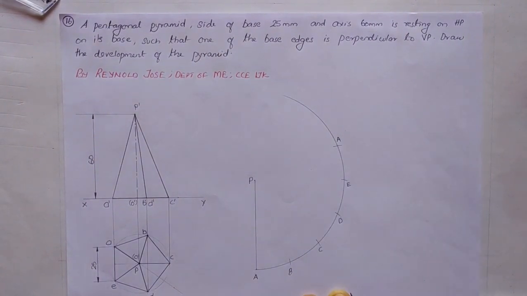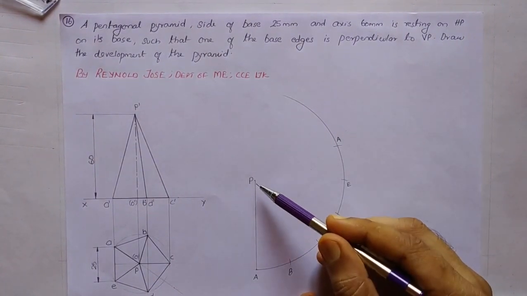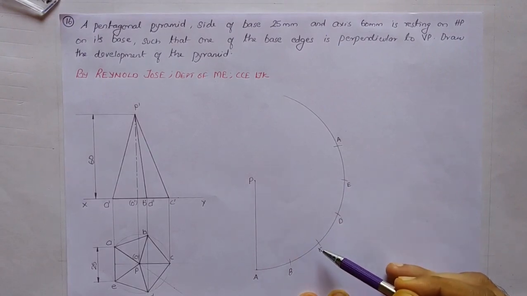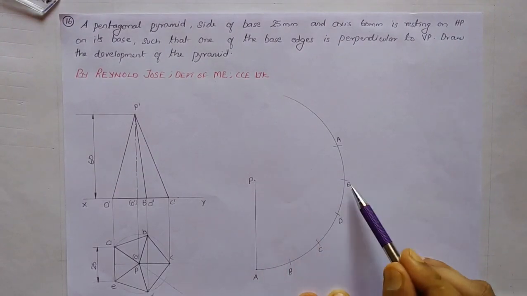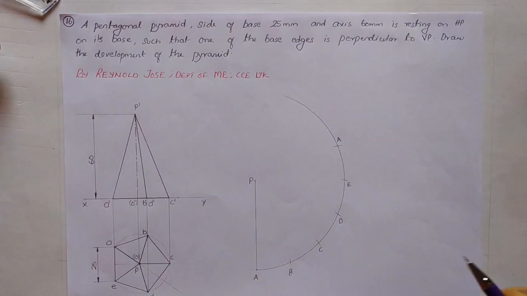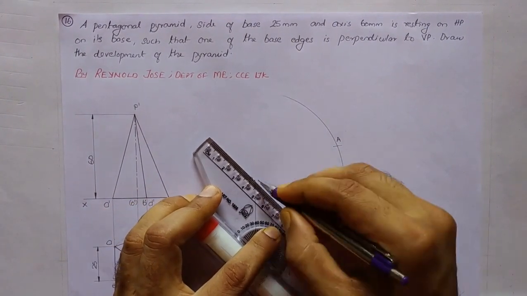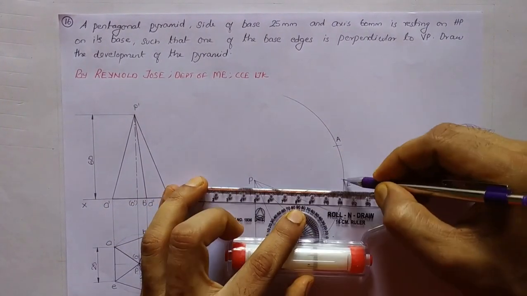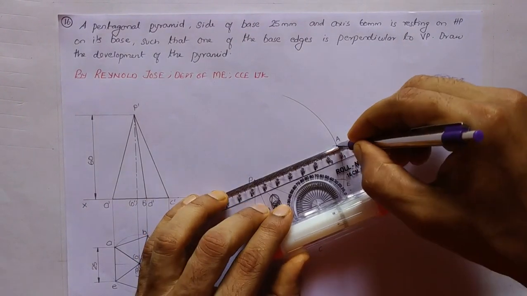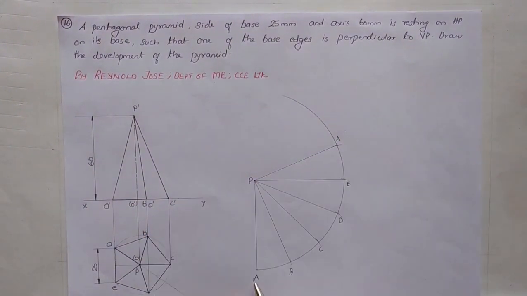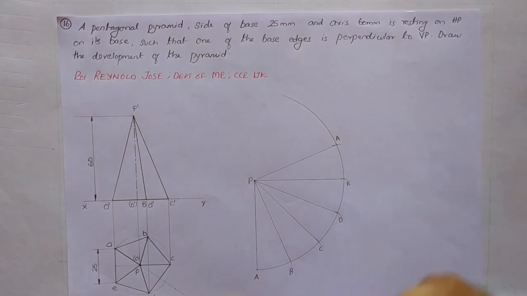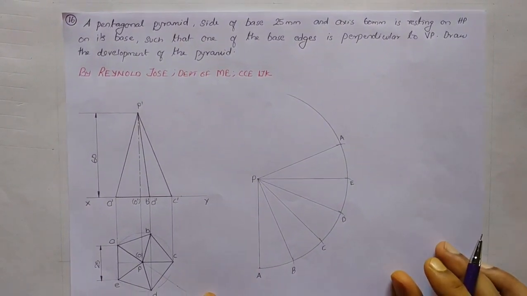Now we shall join thin lines from P to B, P to C, likewise PD, PE and PA. Now we shall join AB, BC, CD, DE and EA as straight thin lines.